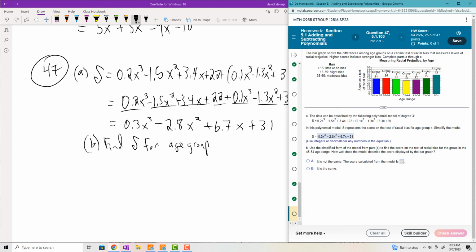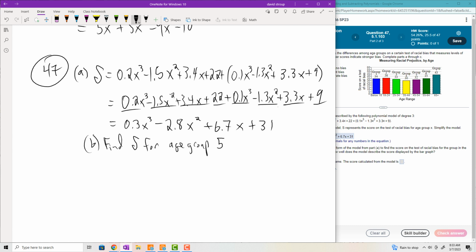If you go over to age group 5, it's the purple bar. That's the 45 to 54 age range they're asking for. So in the question part B, it says use the simplified form of the model to find the score on the test of racial bias for the group in the 45 to 54 age range. So if I go to the chart, the age range 45 to 54, that's group 5. Okay. So for x, you're going to let x equal 5.